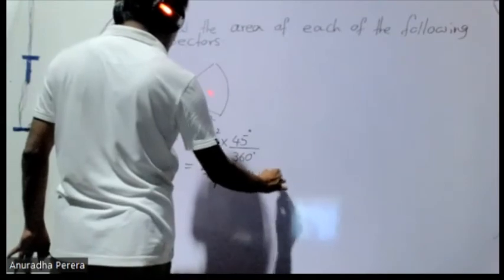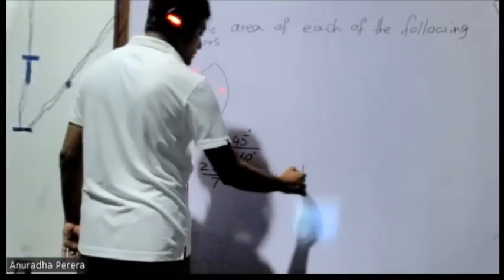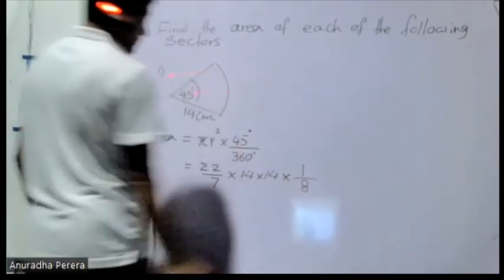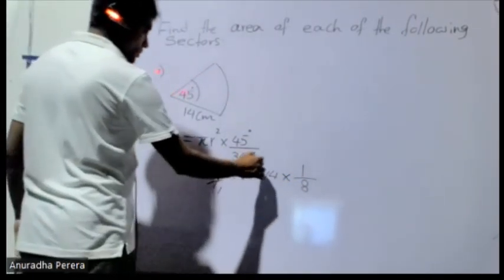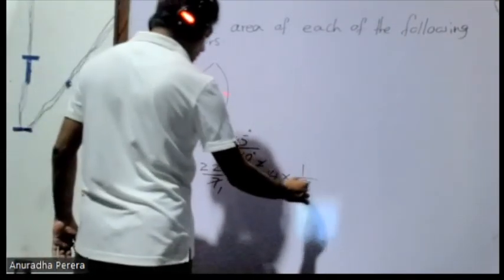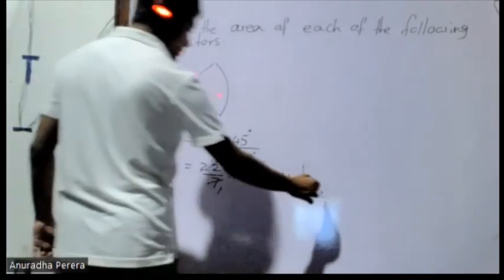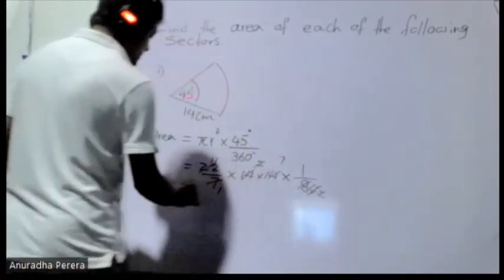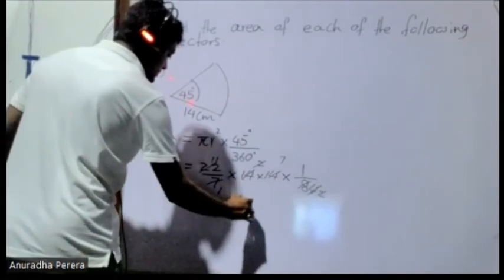You can simplify this. 1 over 8. Divide by 7. By 2, 4. 2, 11. This one by 2, 7. 11 into 7, 77 square centimeters.